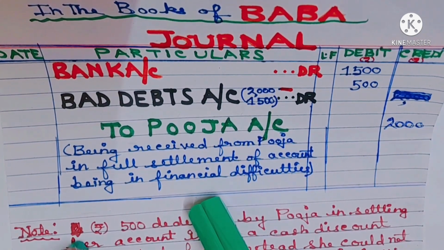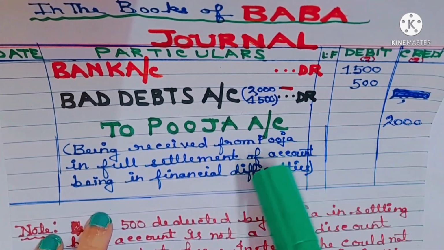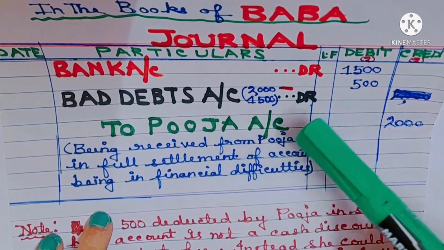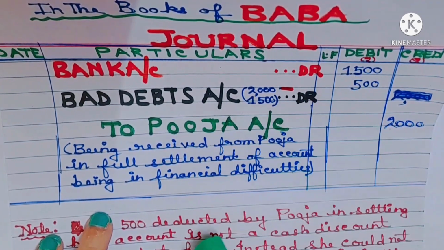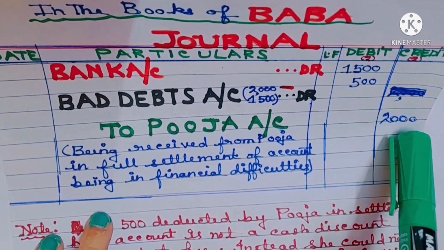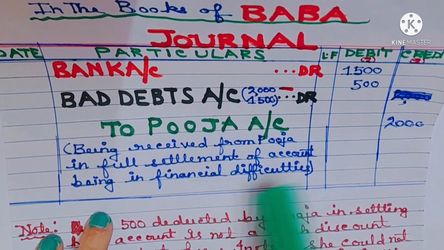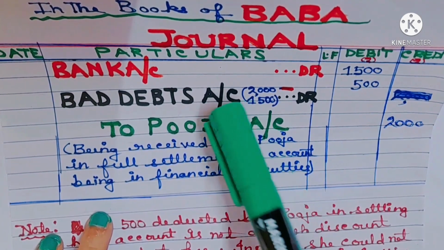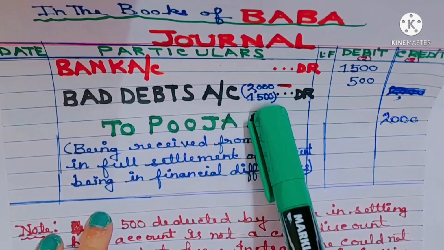So Pooja could not pay 2000, but instead of 2000 she has paid 1500. If you sell goods to a customer on credit and the customer cannot pay the money, that is a bad loss. So Baba was supposed to receive 2000 from Pooja, but Pooja has paid Baba 1500. So 2000 minus 1500, that is bad debts. Bad debts means loss, the amount which could not be recovered from the customer Pooja.